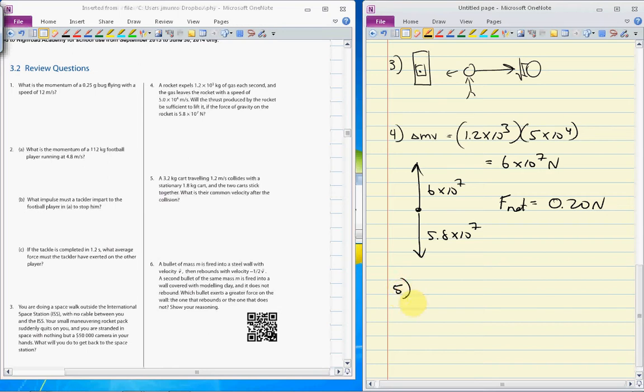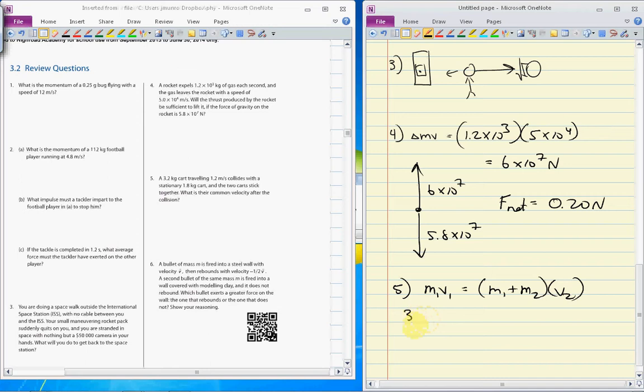In number 5, we have a 3.2 kilogram cart traveling 1.2 meters per second, and it collides with a stationary one. So m1v1 equals (m1 plus m2) times v2. The final velocity is the combined velocity of the carts because they lock together.